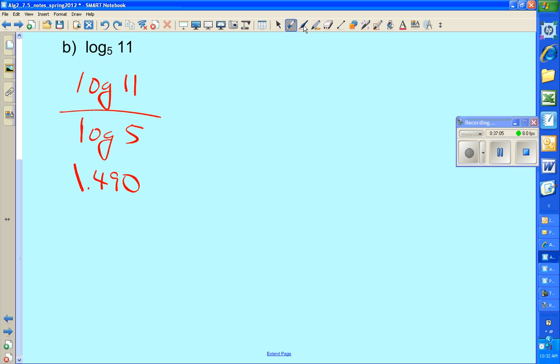I'm not doing a good job communicating right now. You got a different answer. Yes or no? Yeah. Would you be willing to share with me what your answer is? I got 1.491. Okay, that's what I'm asking. 1.491. What does it say on your calculator? Can you read the whole number to me? That'd be fantastic.